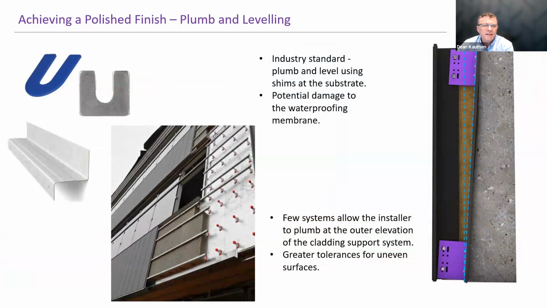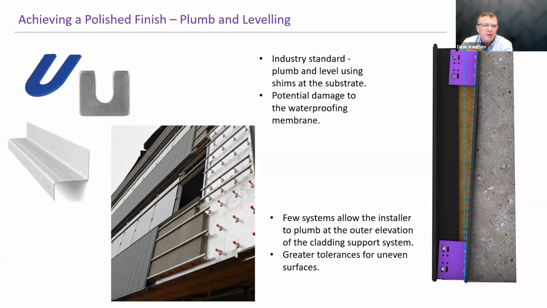And quite easily, you see a very adjustable system on the right, so you can get plumb and level 10 feet at a time. Or you have the non-adjustable systems that you see on the left, your typical Z-girt, which would use a shim to bring you to plumb and level on your wall.